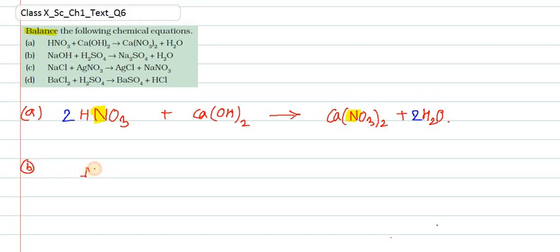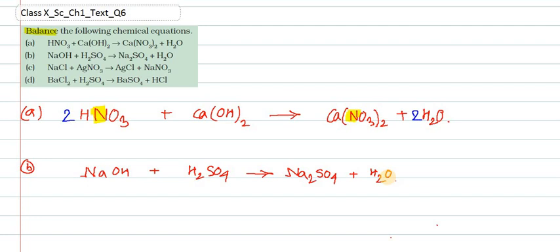Part B says NaOH reacts with H2SO4 to form Na2SO4 plus H2O. Whenever you have H2O, it's a convention to make the balancing easier.